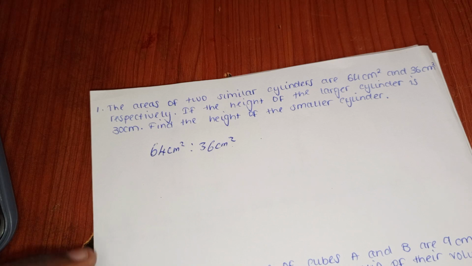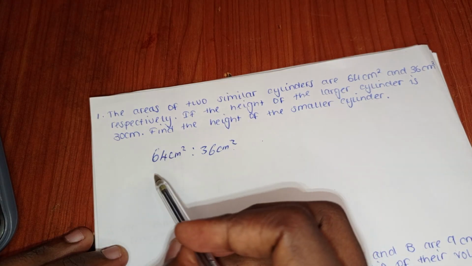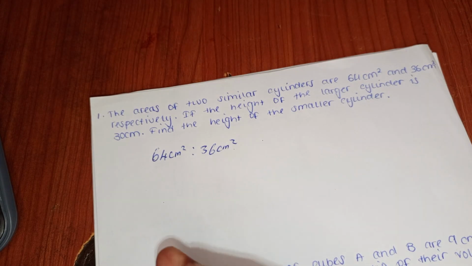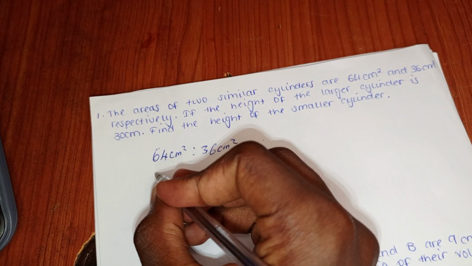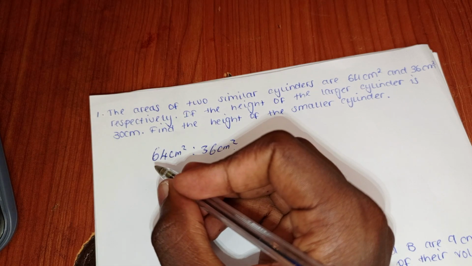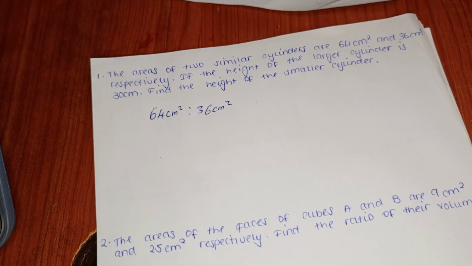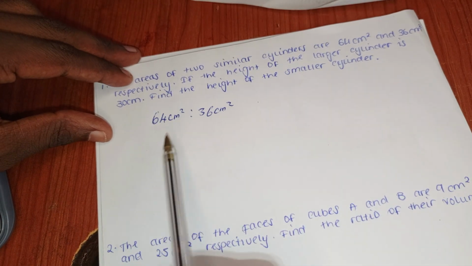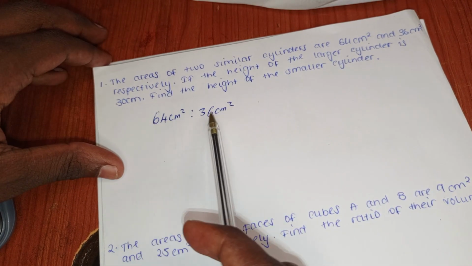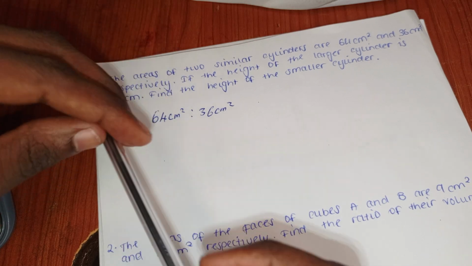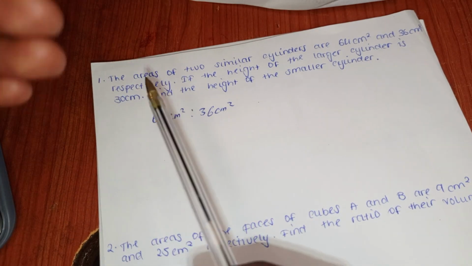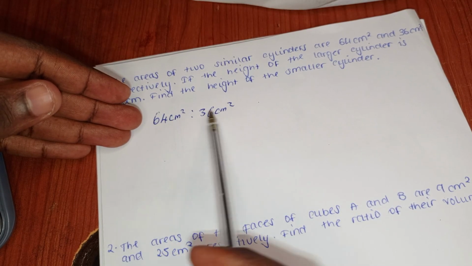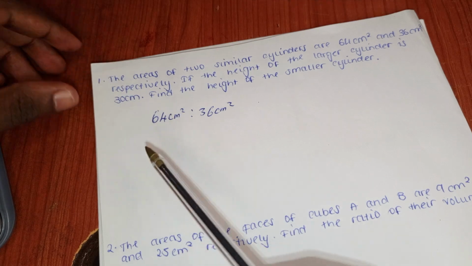So what we do here, we have to square root this since it's area. First let's reduce this. As we can see, we have a number that can go into both 64 and 36. That is 4. We aim by all means to try and reduce. If you see that there's a number that can go into both figures we've been given, try to reduce.